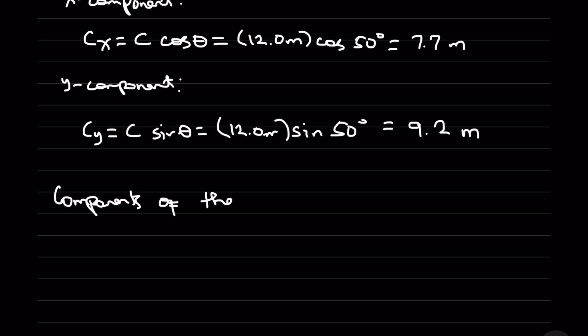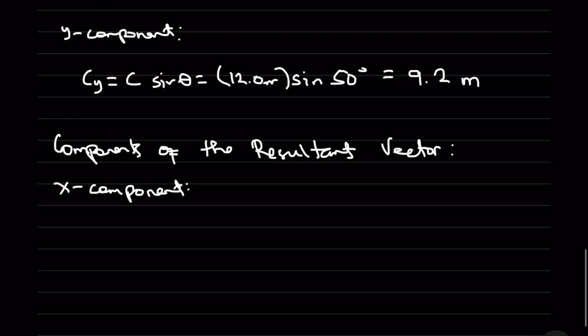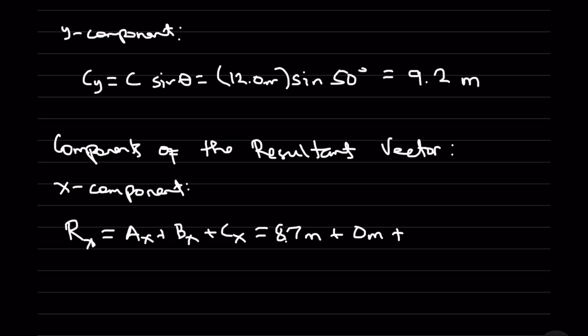So now that we have the x and y components of all the given vectors, we simply have to add the x components of all these vectors to find the x component of the resultant vector. And we do the same for the y component of the resultant vector.